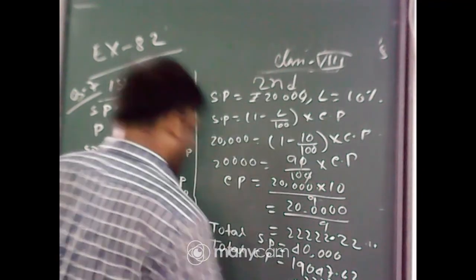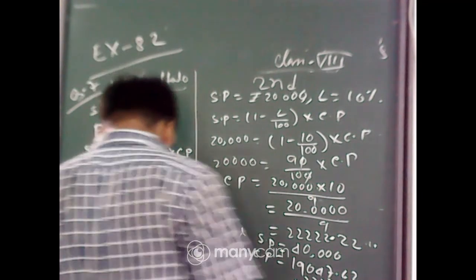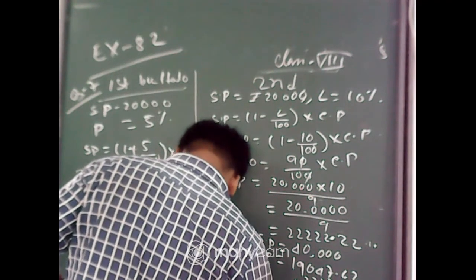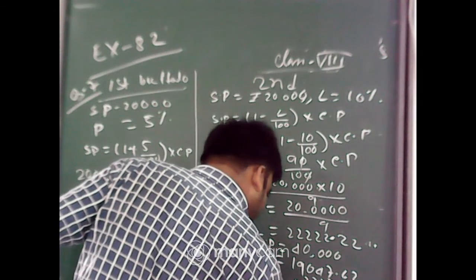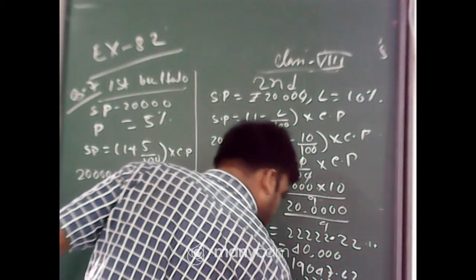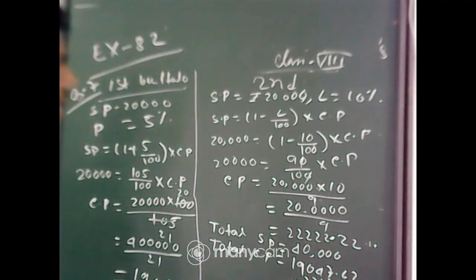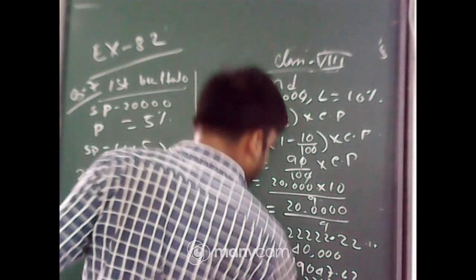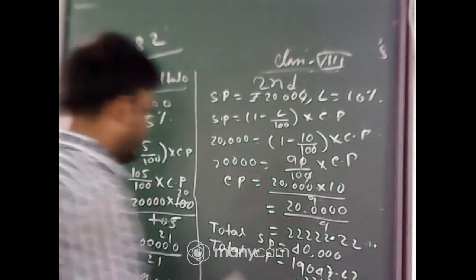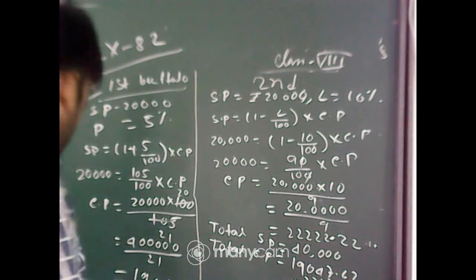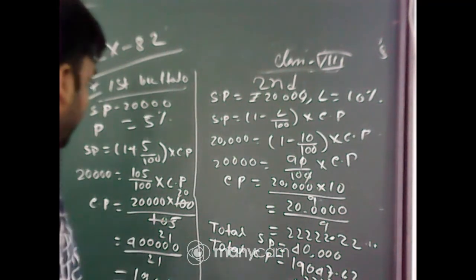So that answer will be 41,269.84. That is the total CP. Here CP is greater than SP.